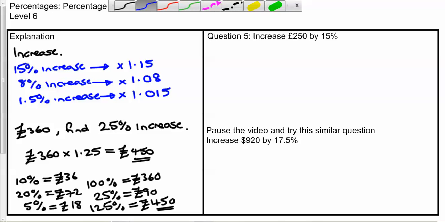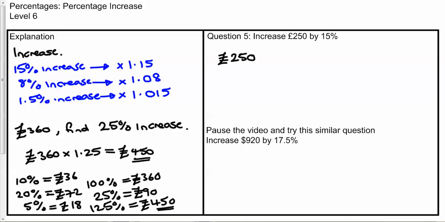So if we apply that logic to our question here, we've got £250, which has been increased by 15%. The easiest way to work that out is to multiply it by 1.15. If you don't have a calculator, we can just check by finding 10%, which means we divide it by 10. Find 5%, which means we halve our 10%.